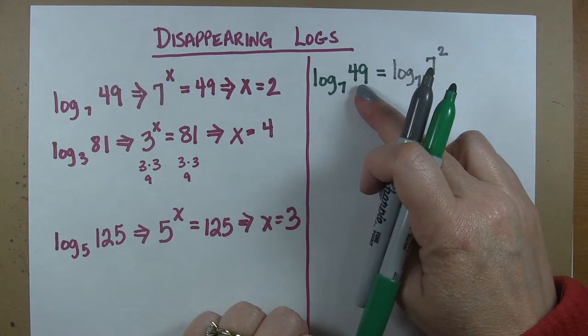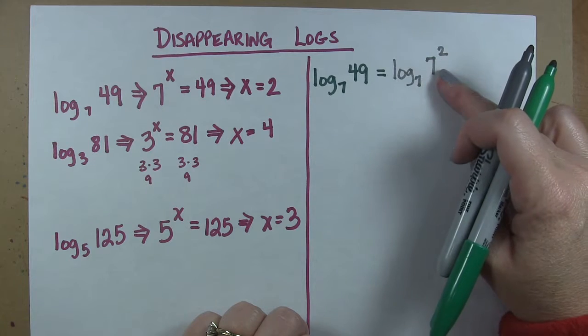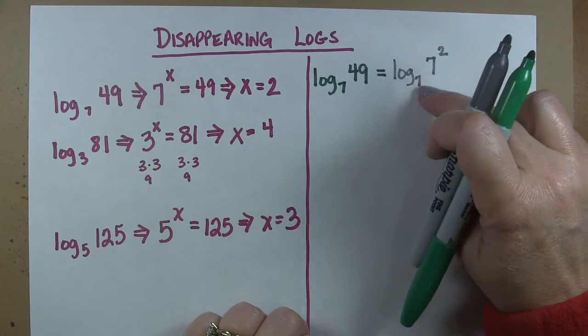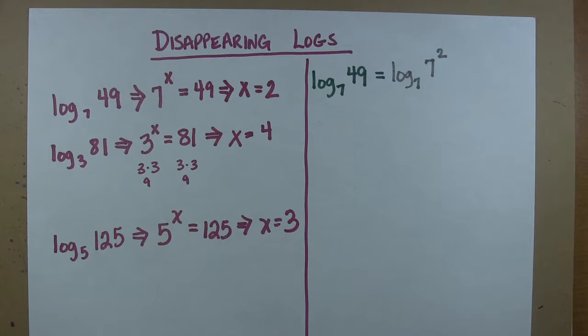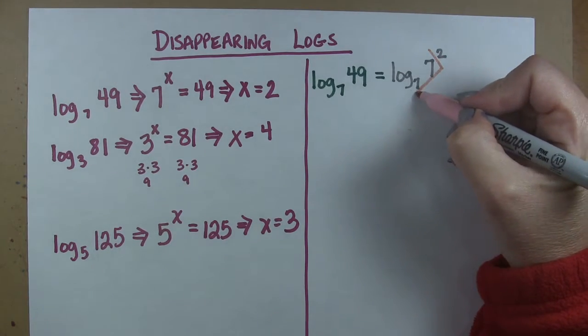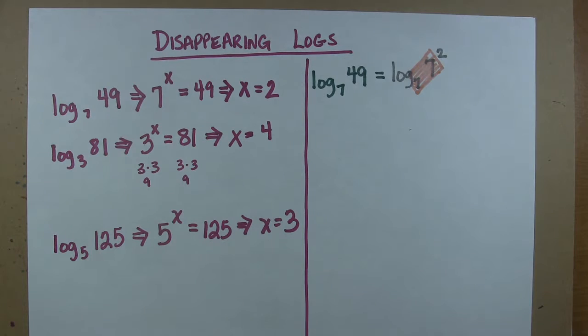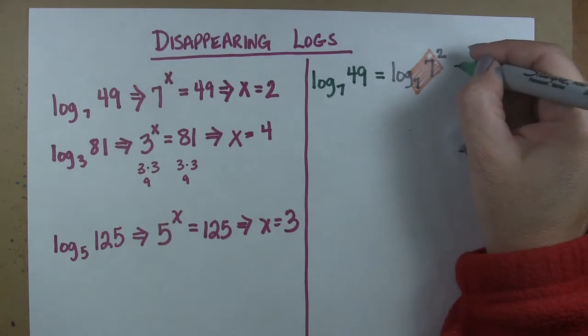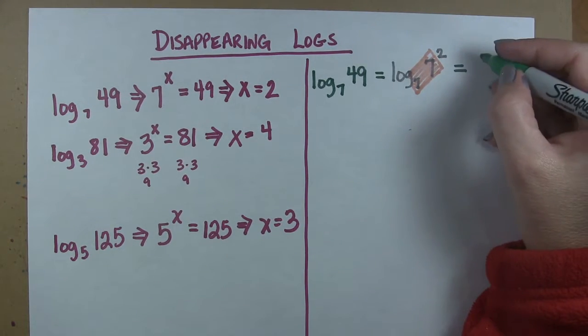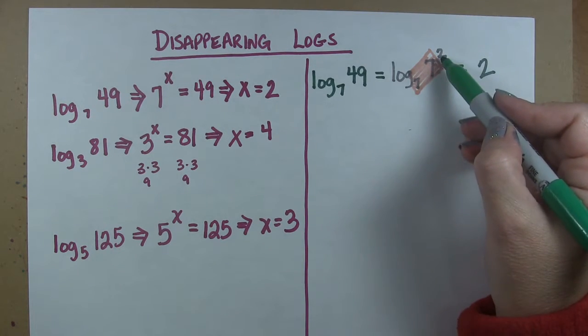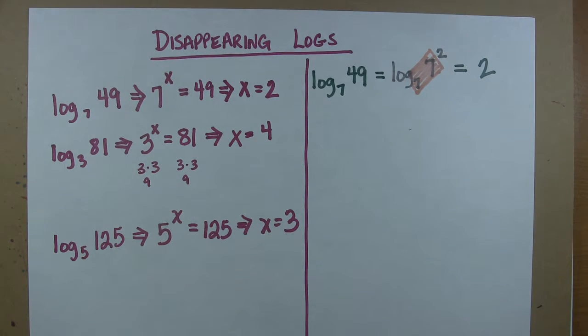I wrote it as 7 squared because I want these two numbers to match. When these two numbers match, you could think of them as kind of canceling each other out, so that it is clear that the answer here is 2. These 7s went away, so we were just left with 2.